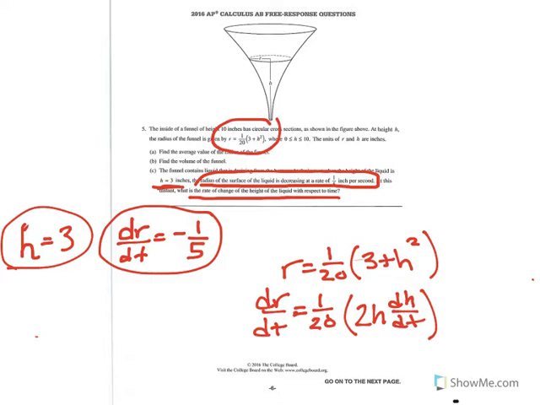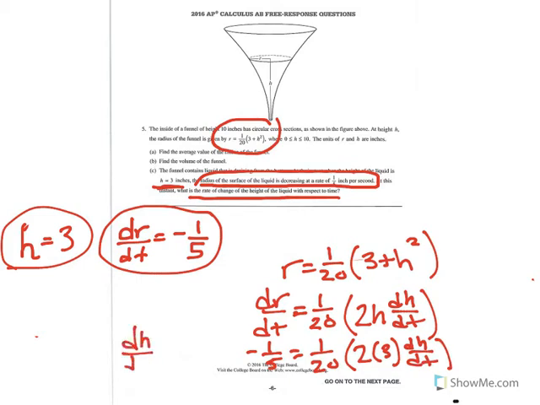And now that I have this piece of information, I could fill in everything to find out what dh/dt is going to be. So dr/dt is negative 1/5 equals 1/20th times 2, do I know h? Yep, that's 3, times dh/dt. So doing it really quickly, dh/dt would be equal to negative 1 and 5, the 20 moves to the other side and goes to the top, this 6 goes to the other side and goes to the bottom.